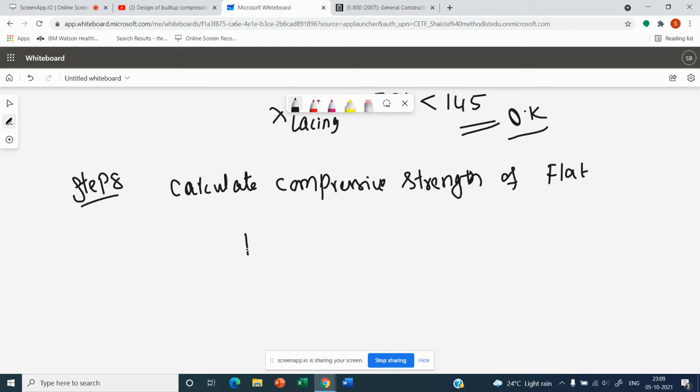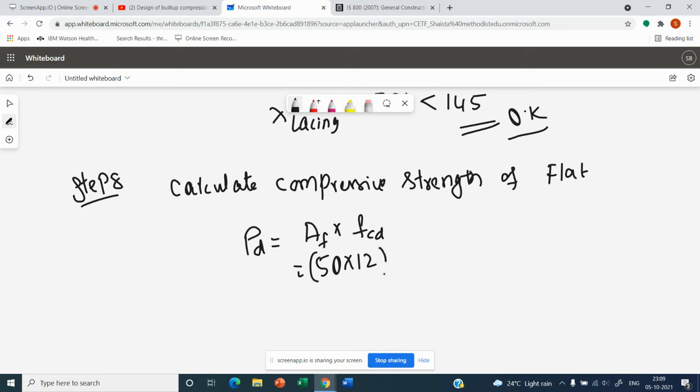So that we get the design strength. So Pd is equal to area of flat plate multiplied by fcd. So this is 50 by 12.